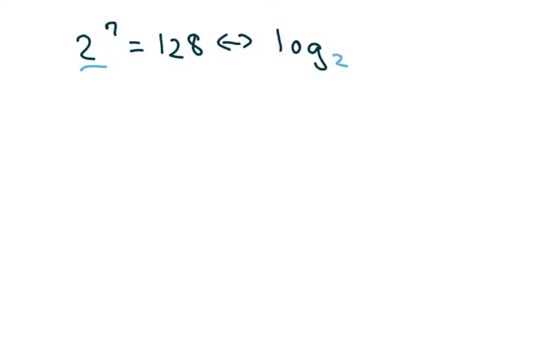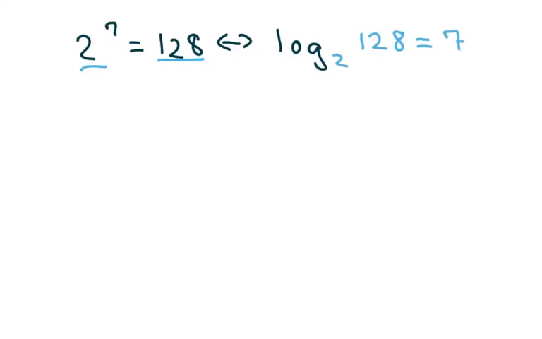So the first one we have is 2 to the 7th equals 128. To rewrite that, I'm going to write log and my base. My base is right here, 2, so log base 2 of my value, which is 128, equals my power, 7.